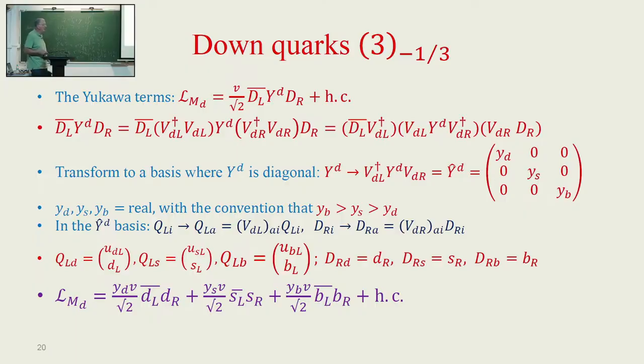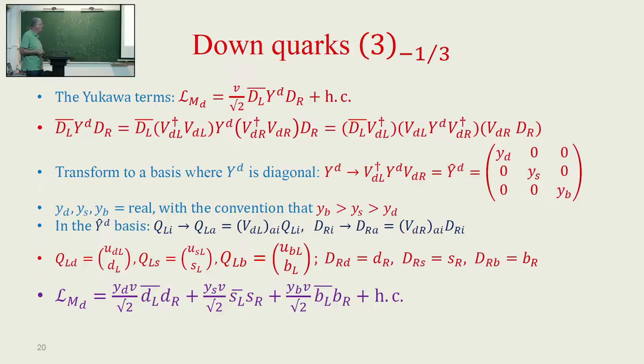So this is the mass basis for quarks with charge minus 1/3. I call this YD, YS, YB. This is the convention for the order of their sizes. In this basis, I give names to the lower components, D left, S left, and B left, and to the right hand and down, D right, S right, B right.